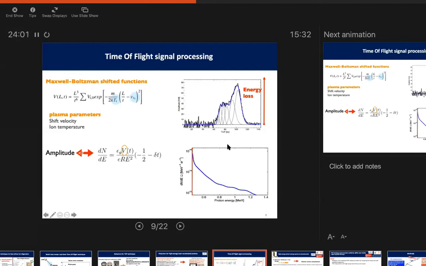Is it fixed? No, the temperature is not fixed. The temperature is a fit parameter. Fit. Yes. Okay.